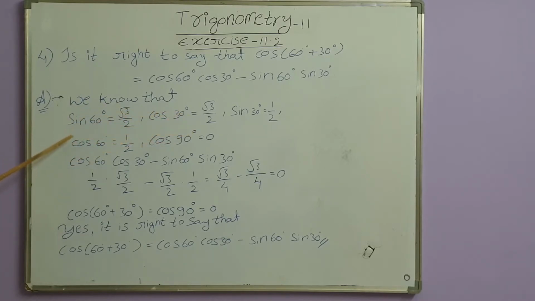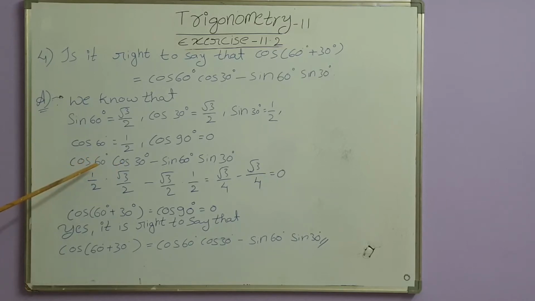Remember this, these two terms are equal values, sin 60 degrees and cos 30 degrees. And sin 30 degree value is 1 by 2, cos 60 degrees is 1 by 2. These two terms are equal values. And cos 90 degrees is equal to 0 and sin 90 degree value is 1. Here cos 90 degree value is 0. Substitute these values in this equation.